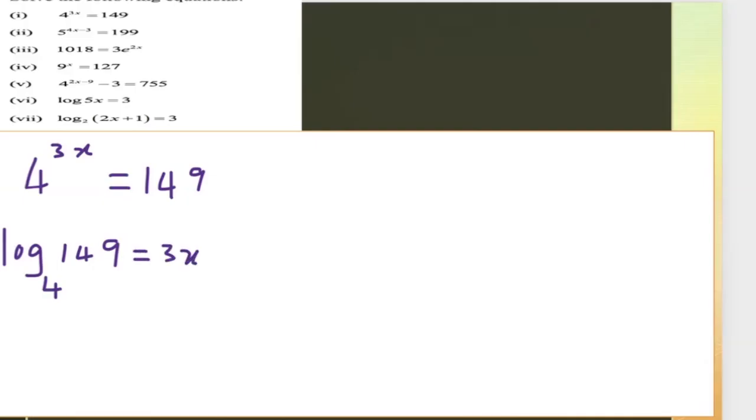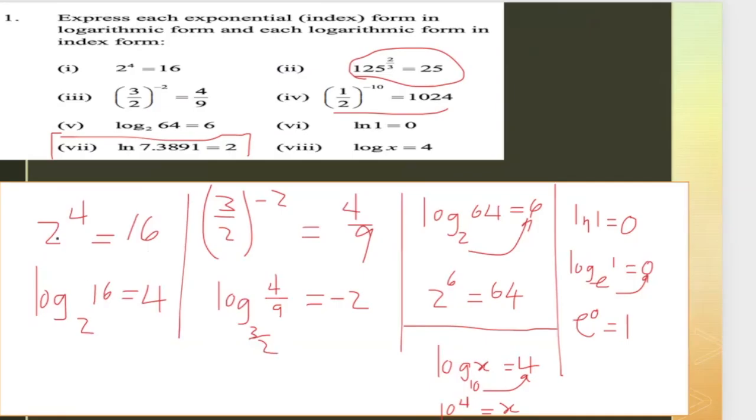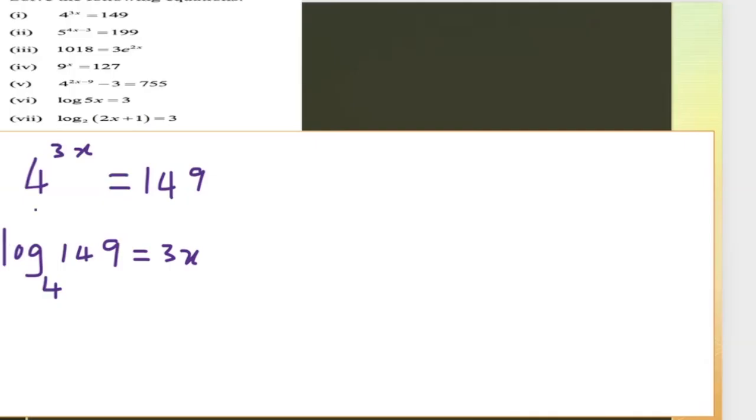Remember, we did this activity here when we write this in log form. So we'll have, this is the base, the 16 goes beside the log, and then we have the 4. So it's the same thing that happened here, where we write it in log form.